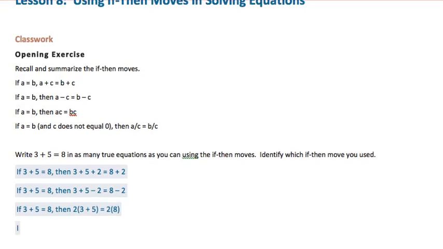And finally, if 3 plus 5 equals 8, then 3 plus 5 divided by 2, notice I'm putting them in parentheses so that we know that it's a full quantity, equals 8 divided by 2. 3 plus 5 is 8, divided by 2 is 4. 8 divided by 2 is 4.